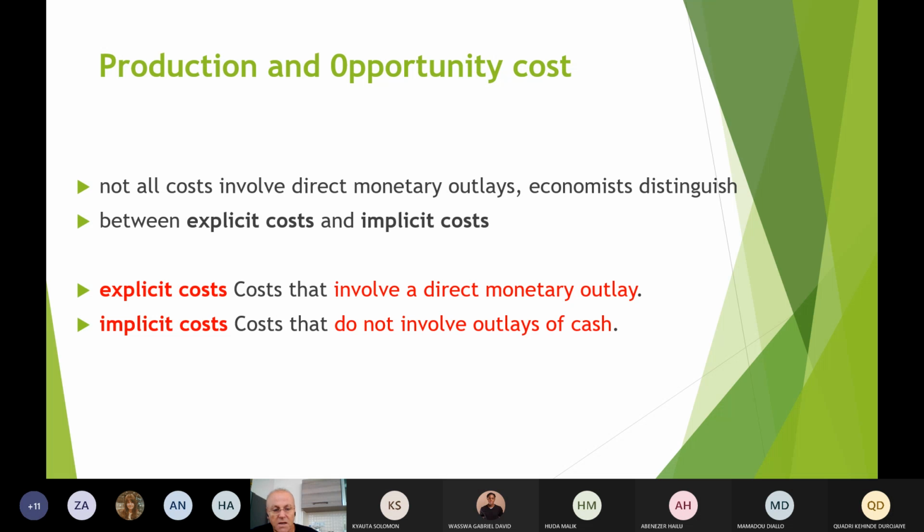The explicit cost involves direct monetary outlay, and implicit costs do not involve outlays of cash. Therefore, we have to distinguish clearly between these costs to understand their impact on the production process in the market.